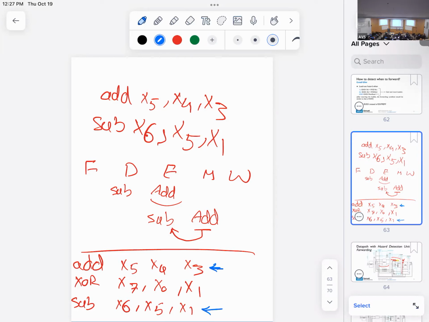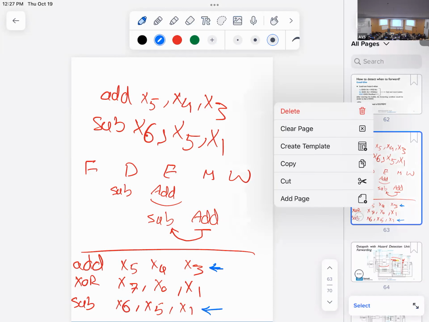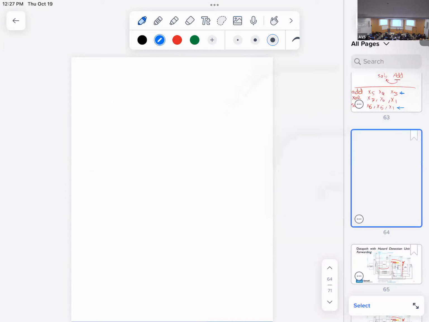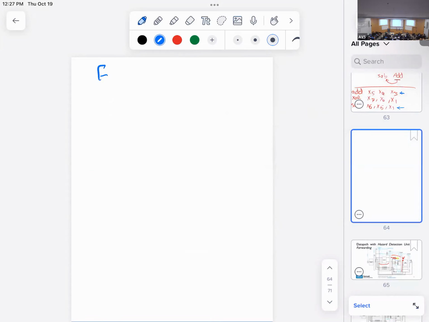So in this case, if you go back to this kind of design here, what we will see is that if this is fetch, decode, execute, memory, write back, my add is here, my XOR is here, my sub is here, right? And since XOR is not dependent on add, I can just move things forward.